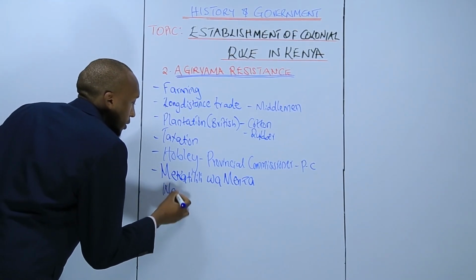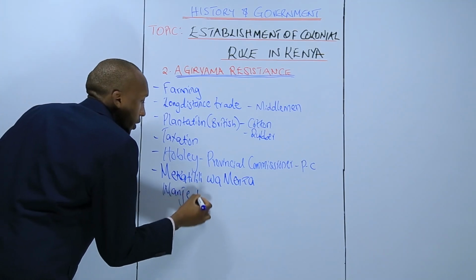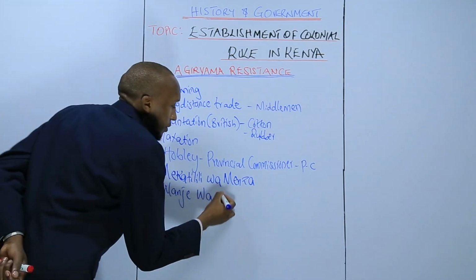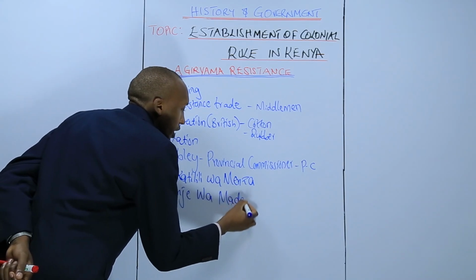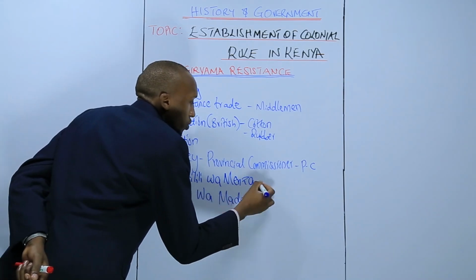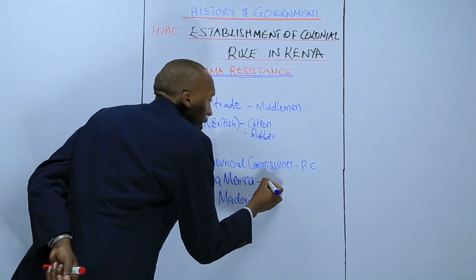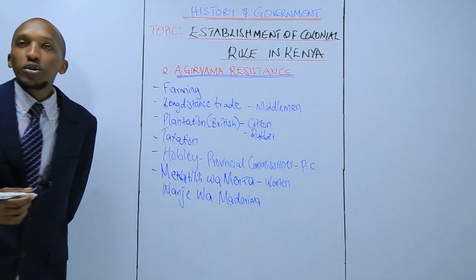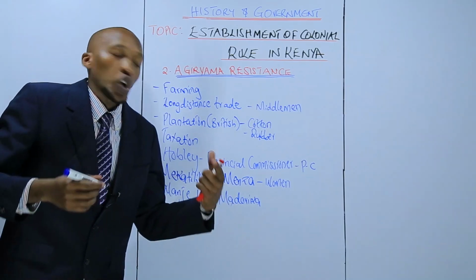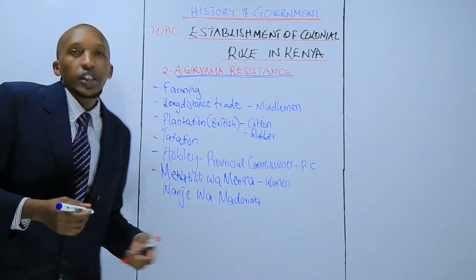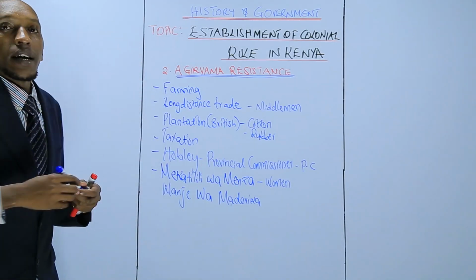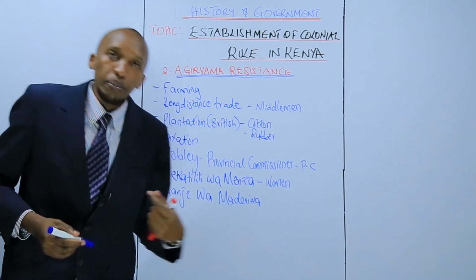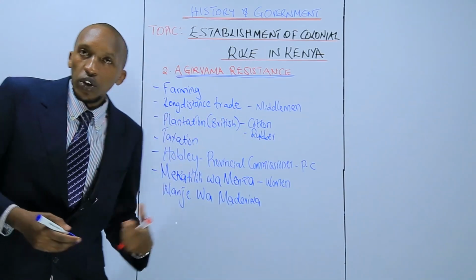Mekatilili was a woman who was very influential in the community. She led the community together with Wanje wa Madorika to present the grievances of the Agiriama people to the provincial commissioner.